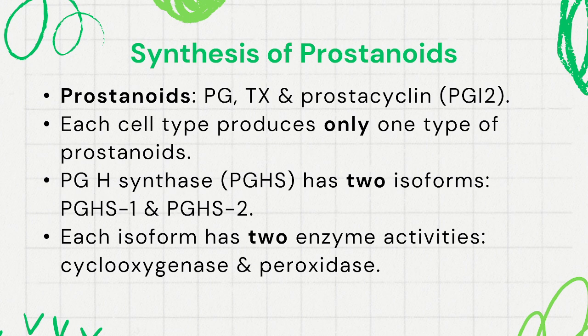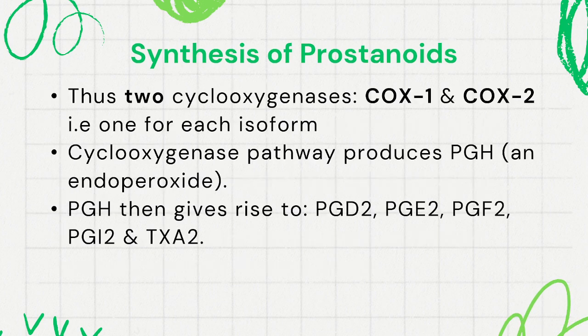Prostaglandin synthase has two isoforms, prostaglandin H synthase 1 and 2, and each isoform has two enzymatic activities. So in total, we have four enzymatic activities, with one cyclooxygenase for each isoform. So we have COX-1 and COX-2, one for each isoform.